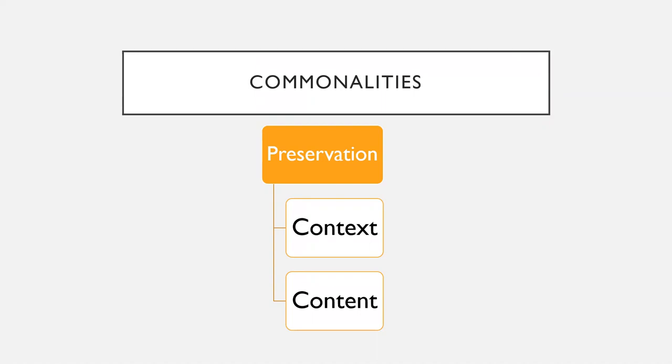So again, the informational content of the record and the context of the record, the who, what, where, when, and why. And so preservation aspires in both analog and digital preservation to preserve both of these. It's not just the content that needs to be preserved, but also the context surrounding the record's creation and use.